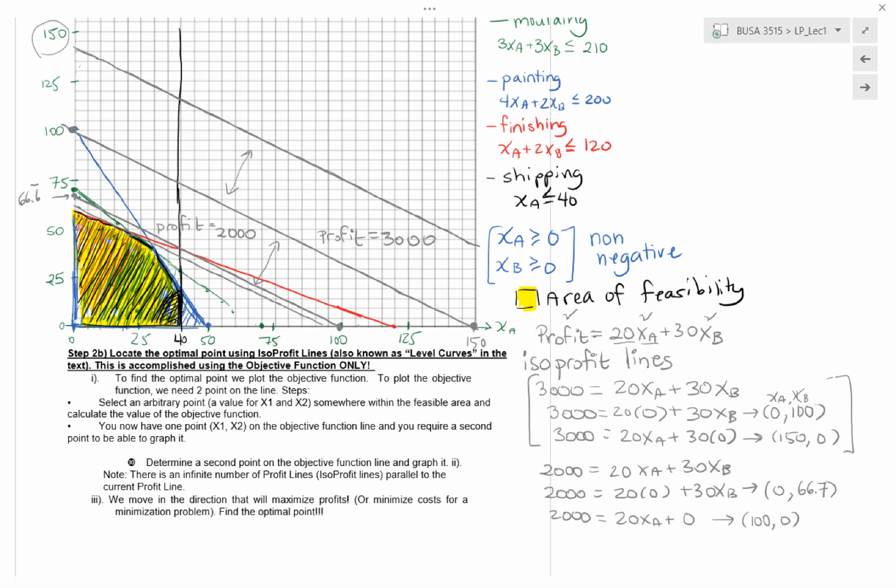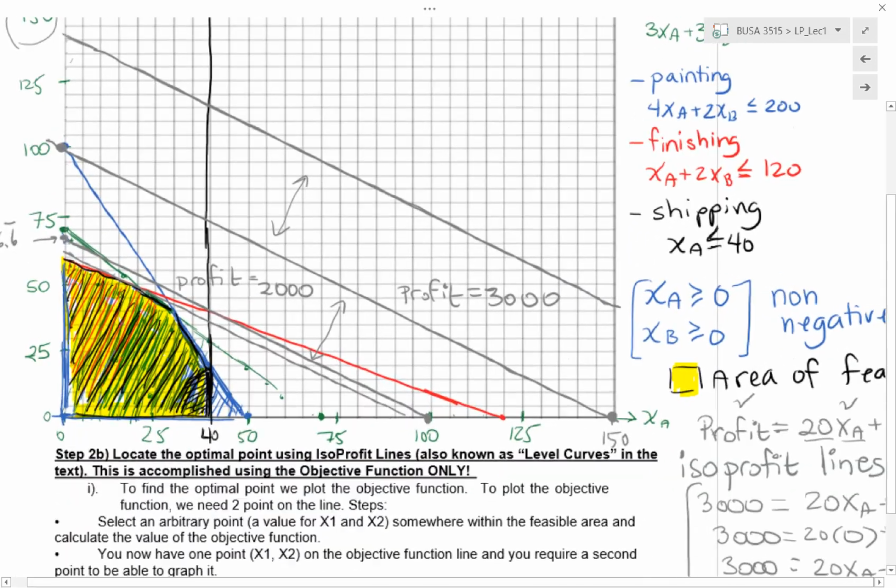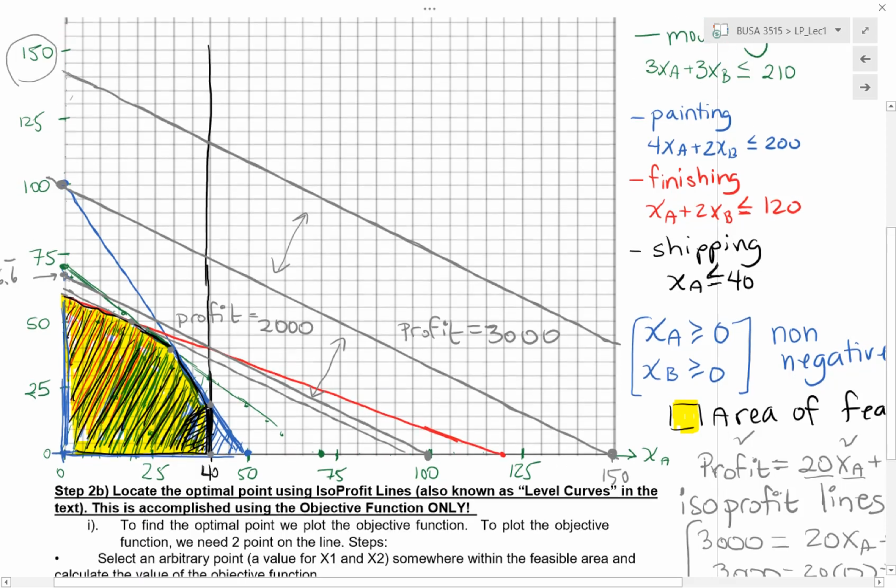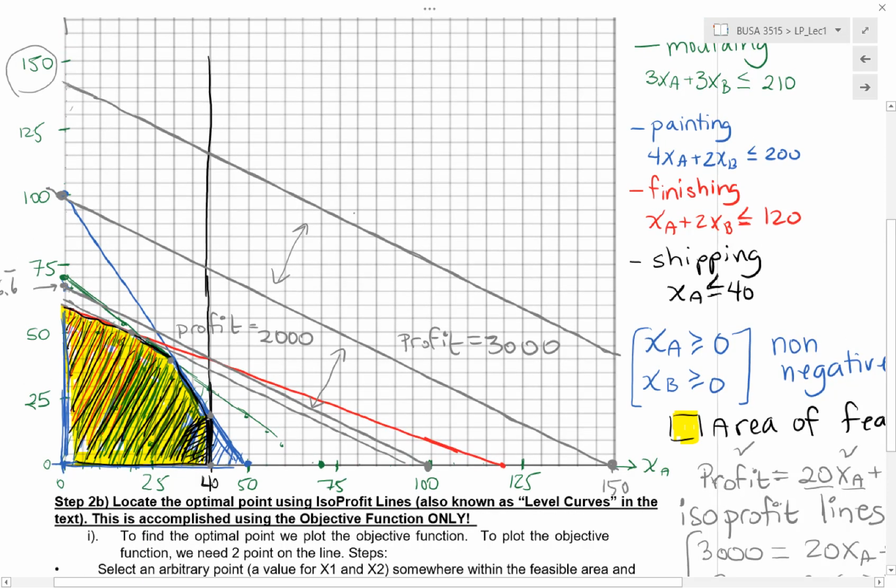Now, talking about our optimal solution, we're looking for the most outer point on the area of feasibility that touches one of the profit lines first. If you'll notice, at this isoprofit line right here we have a profit of 3,000.